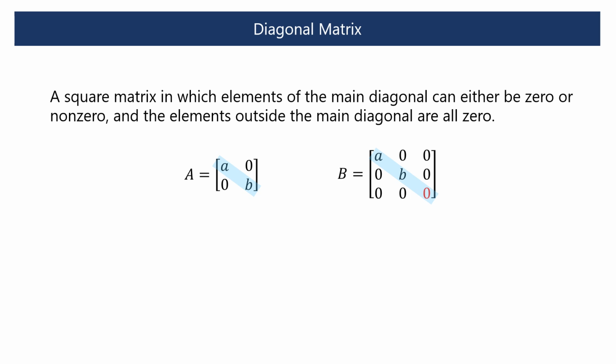But a diagonal matrix is not necessarily an identity matrix because in a diagonal matrix, the elements on the main diagonal can have any value, including 0, not just ones. For example, this matrix C is a 2 by 2 diagonal matrix. And this matrix D is a 3 by 3 diagonal matrix.